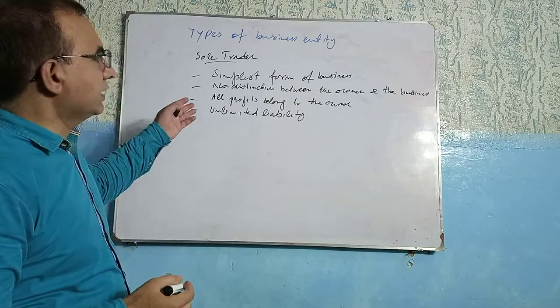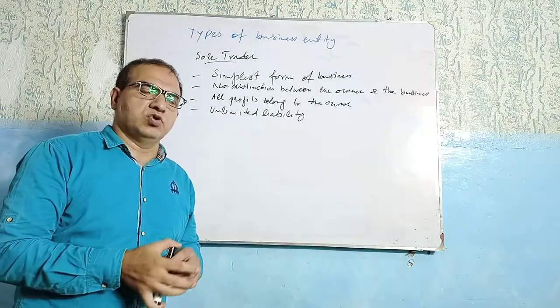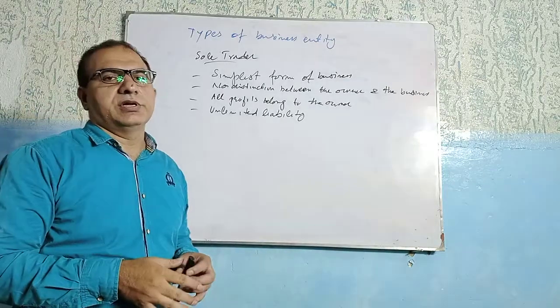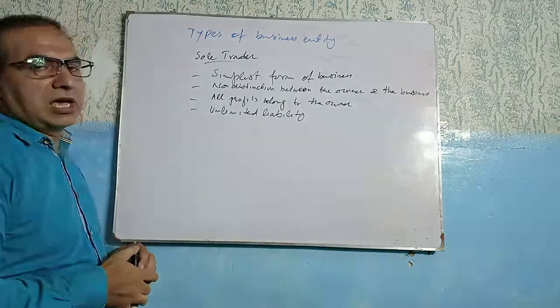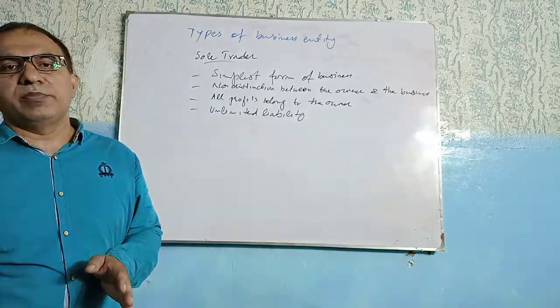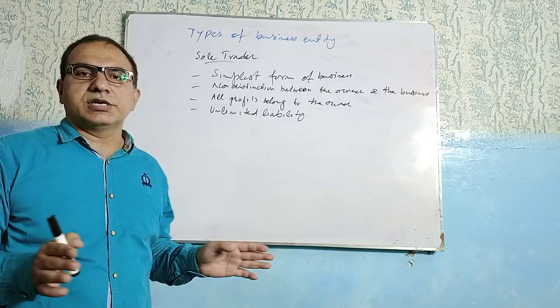Unlimited liability, like I said, whatever the sole trader earns belongs to him. In the same way, his liability is also unlimited. If the business has big liabilities and it goes bankrupt, the business cannot cover it.